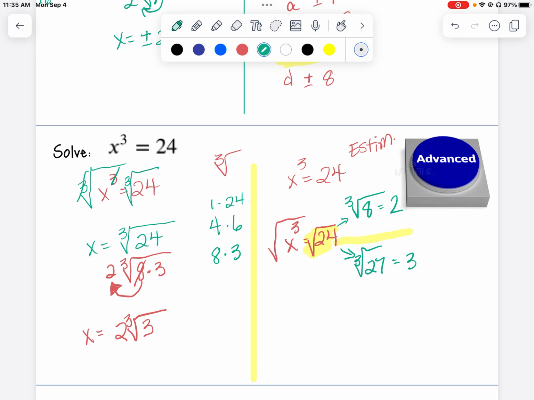Halfway between 27 and 8, it's probably right around 17, and that would be 2.5. Since 24 is so much closer to 27, I would bet this is 2.8. These mean almost, or an estimate.